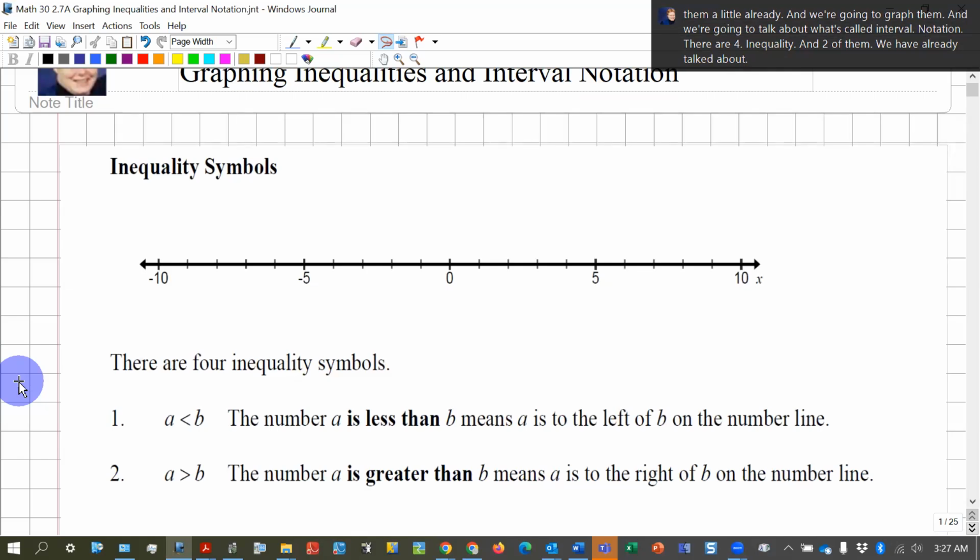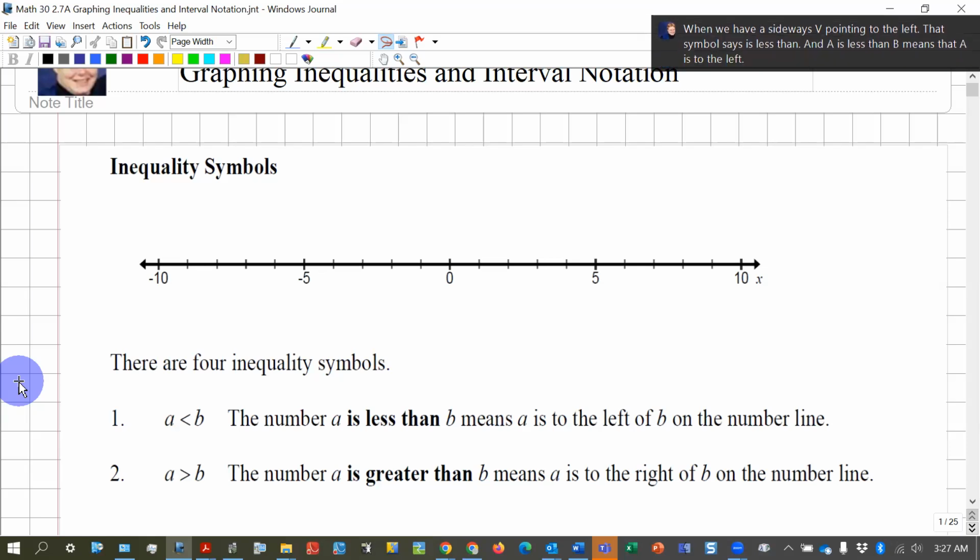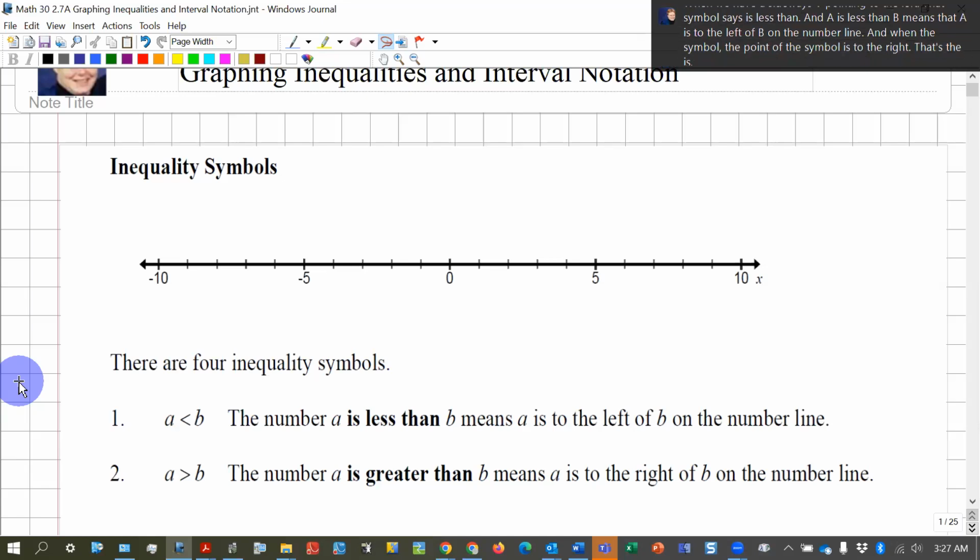When we have a sideways V pointing to the left, that symbol says is less than, and A is less than B means that A is to the left of B on the number line. And when the point of the symbol is to the right, that's the is greater than symbol. And if A is greater than B, that means that A is to the right of B on the number line.